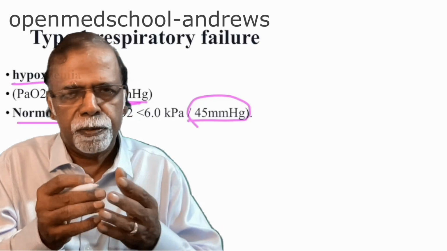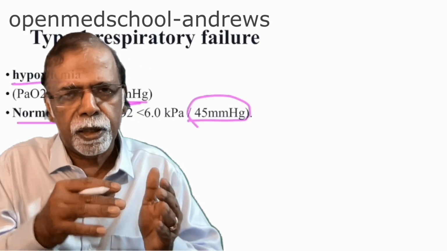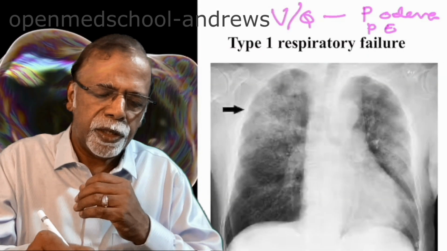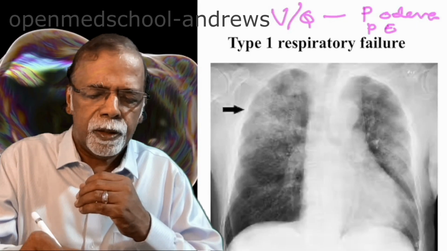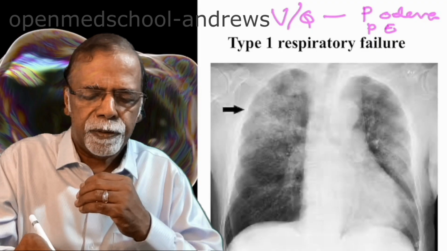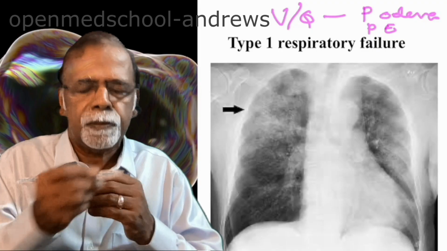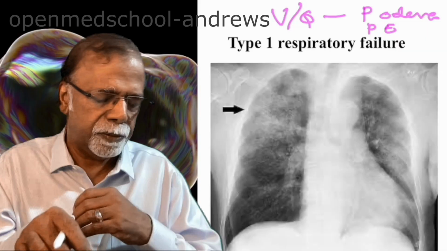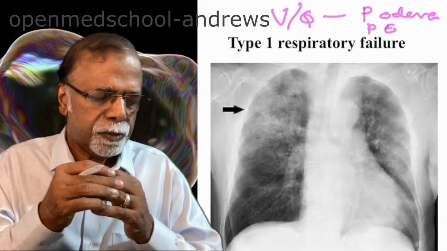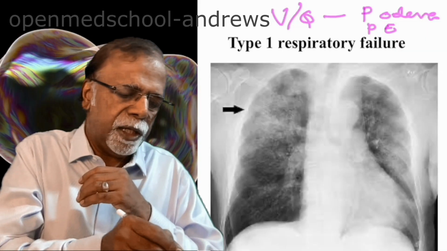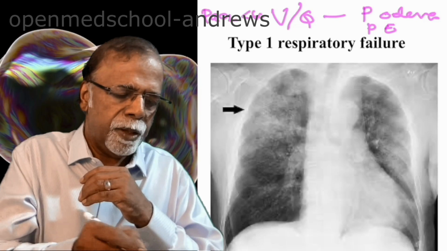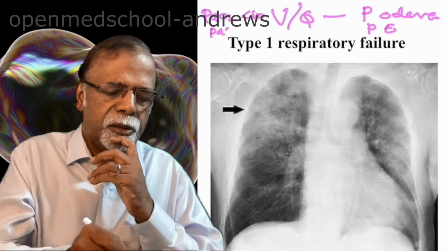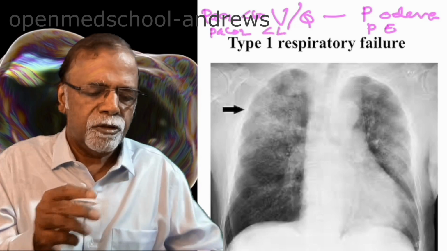Type 2 means both, oxygen is less, carbon dioxide is high. So here it is hypoxic plus hypercapnic. So that is how you remember it. So type 1 respiratory failure, as mentioned, the PaO₂ is less than 60 and the normocapnia is less than 45.